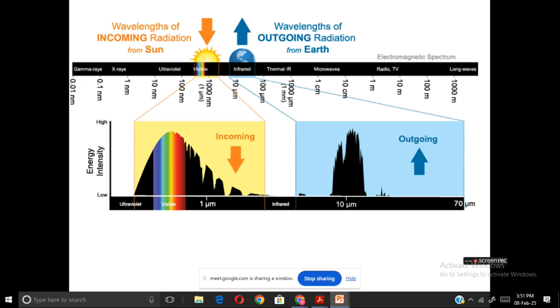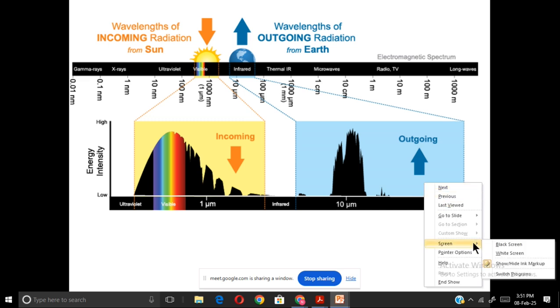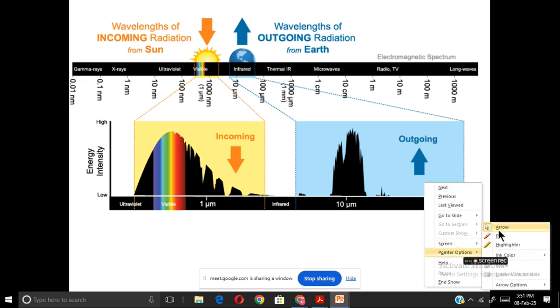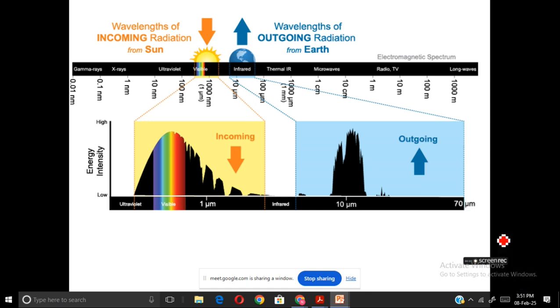Now, once this solar radiation reaches the surface, the Earth absorbs the radiation and will re-emit. As the Earth absorbs the radiation, there will be a temperature to the Earth, and based on that, it will emit the radiation.